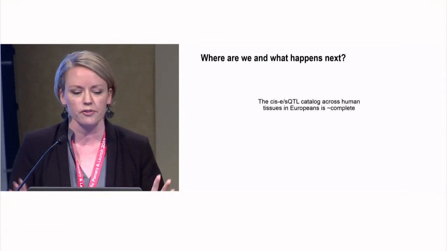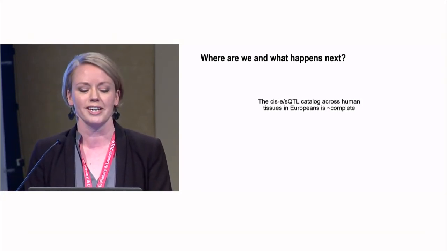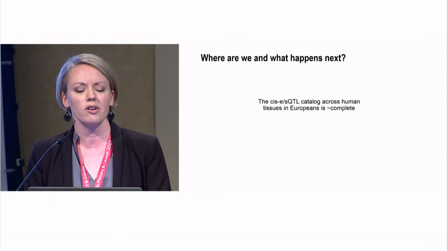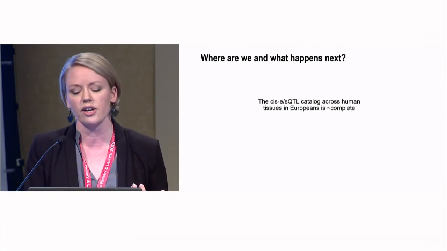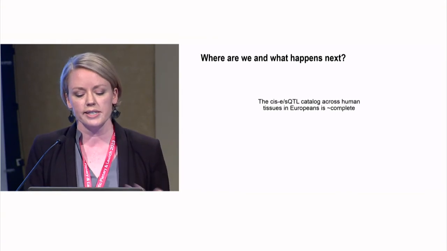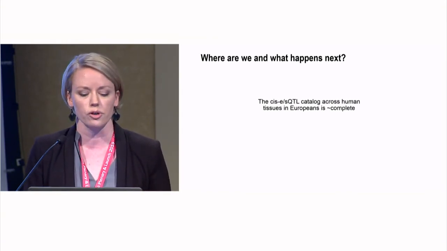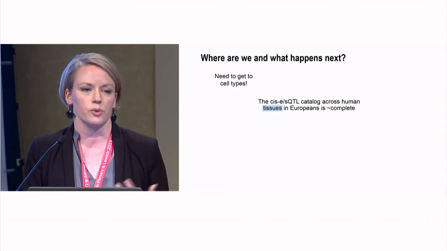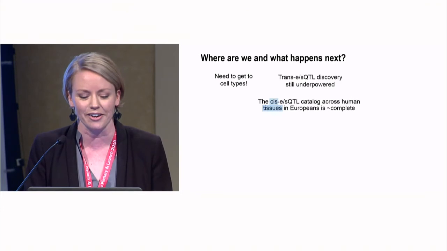So in the spirit of this meeting, instead of just listing a summary of what I just said, I wanted to think a little bit about where are we and what happens next. So as I said, we have a nearly complete catalog now of cis expression and splicing QTLs in human tissues in Europeans. But of course, we have tissues, obviously. We need to get cell types. That is pretty clear.